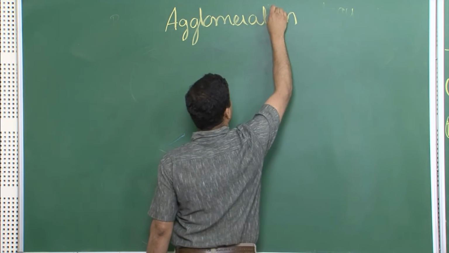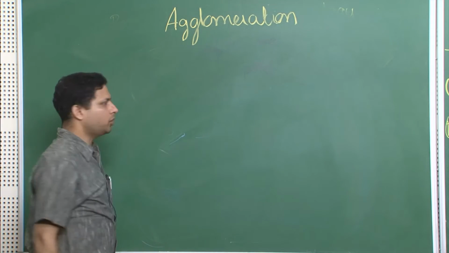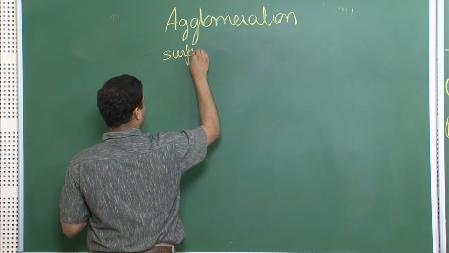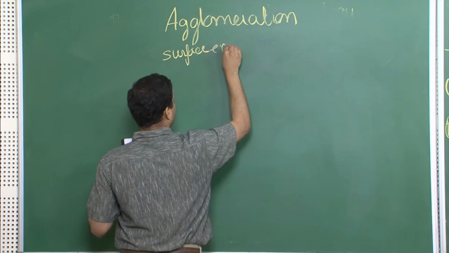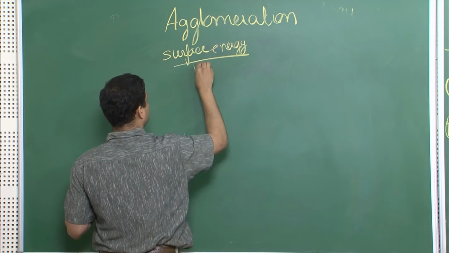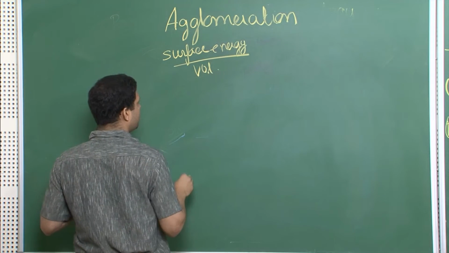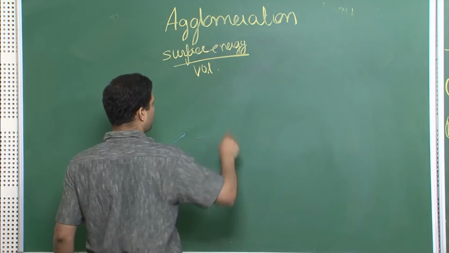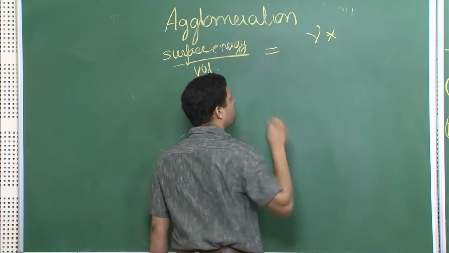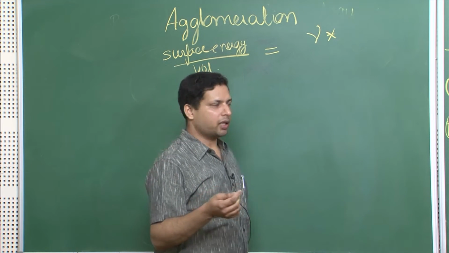Let us look at surface energy per unit volume, for a particle of given diameter d. Now, if the surface energy per unit area is gamma, then the surface energy for a particle, a spherical particle we are assuming, is gamma times pi d square.